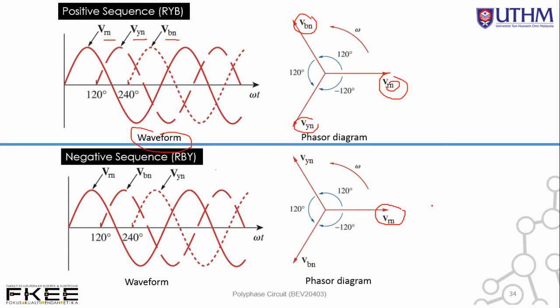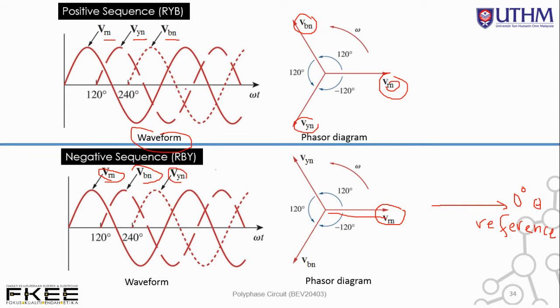If we assume the horizontal line always becomes the reference, this horizontal line is at 0 degree theta. So this is always your reference. We start with Rn as your reference, followed by Bn as well as Yn.